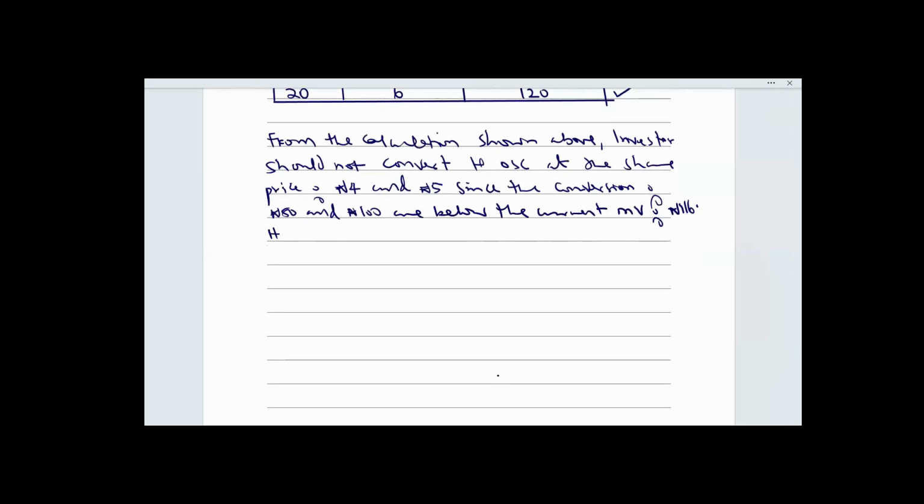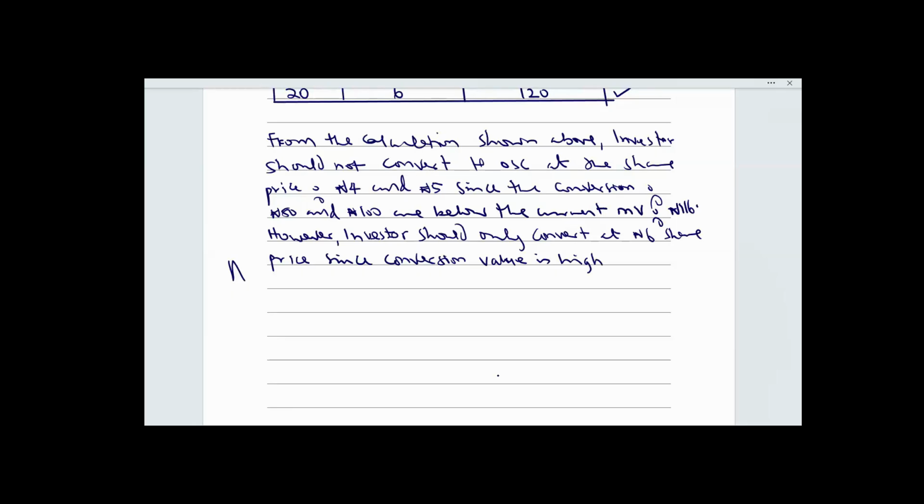However, the investor should only convert at 6 naira share price, since conversion value, let me write it, since conversion value is higher than the current market value of 116.